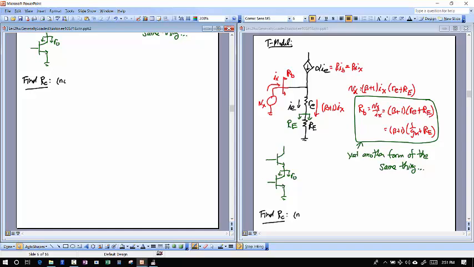So I'm just going to say, note that RB can influence it, so we'll include it in our analysis.